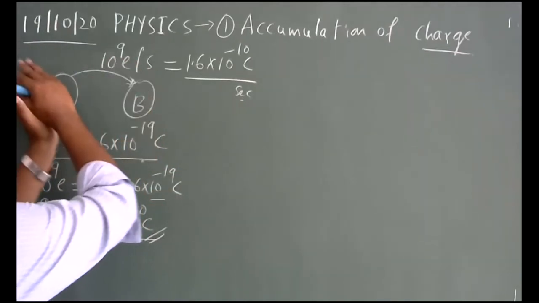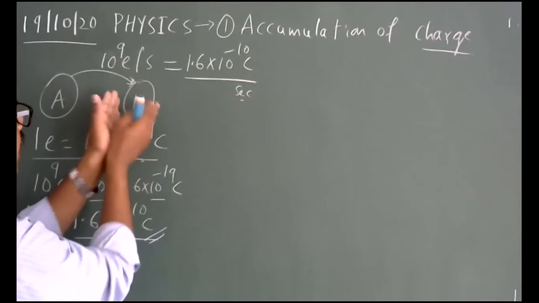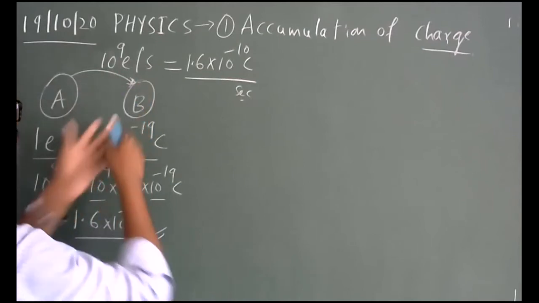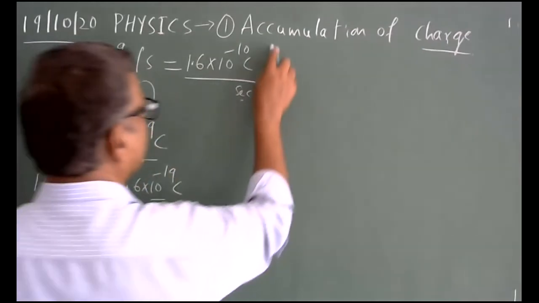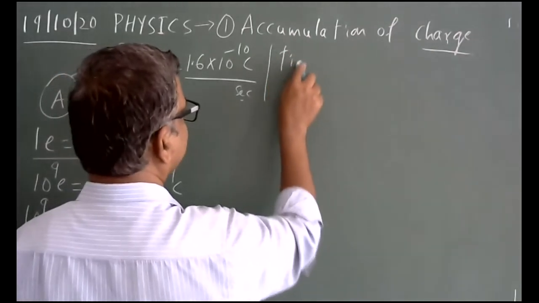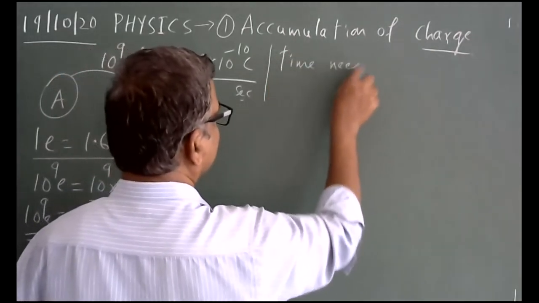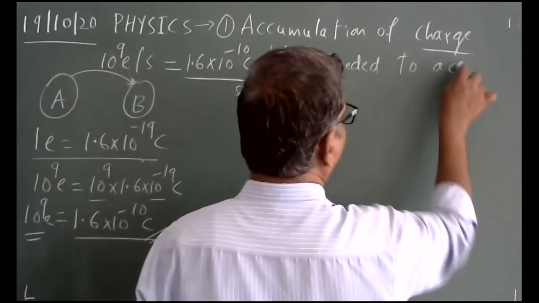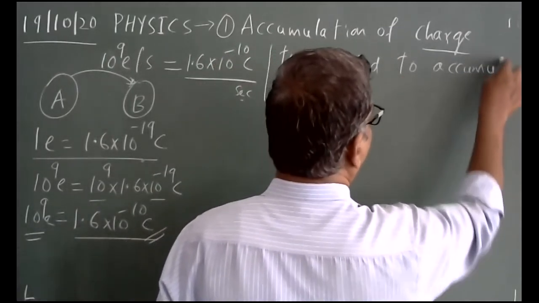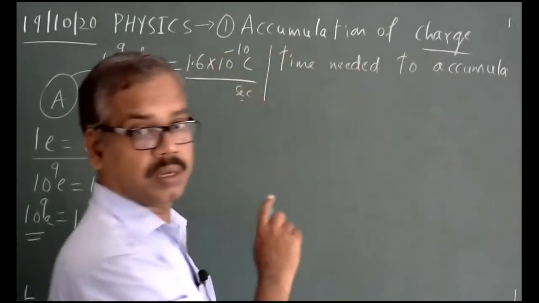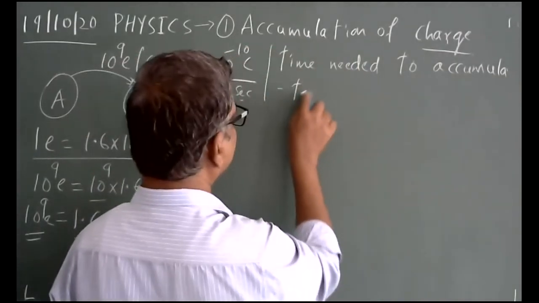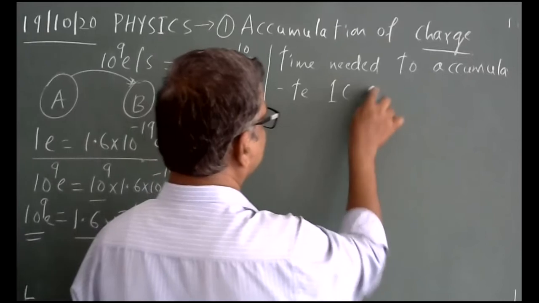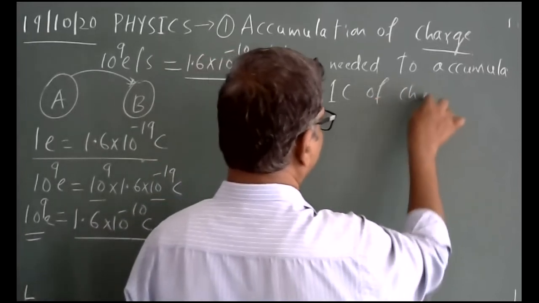Now I want to put 1 coulomb here. To put 1 coulomb here, what is the time required? Now, time needed to accumulate 1 coulomb of charge.